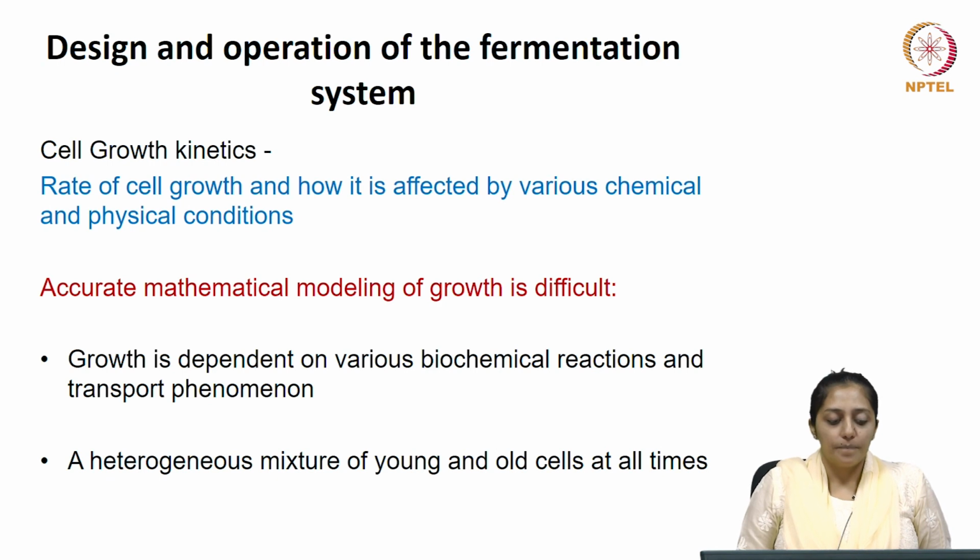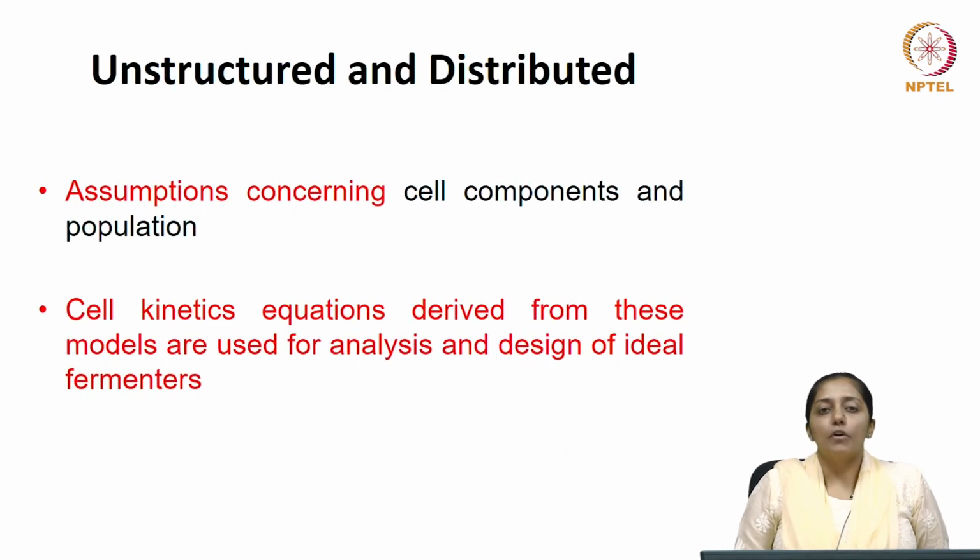So, let us see. Growth is dependent, we know, on various biochemical reactions and the transport phenomena, and there is always a heterogeneous mass of young and old cells at all times in the liquid broth. So, for ease, the most widely used kind of mathematical models fall under unstructured and distributed empirical models. What does it mean?